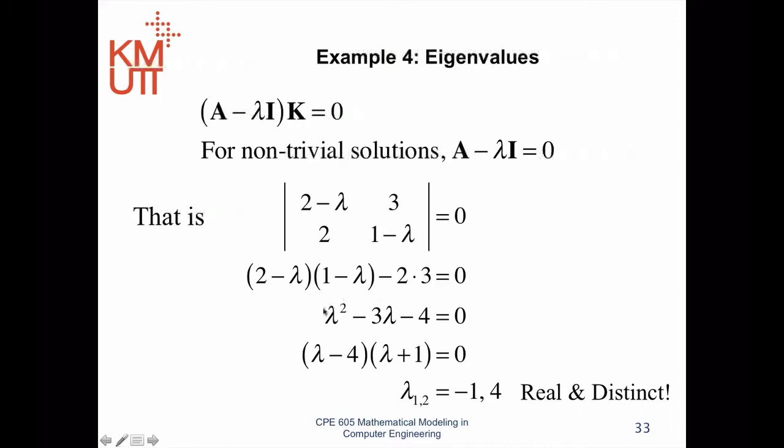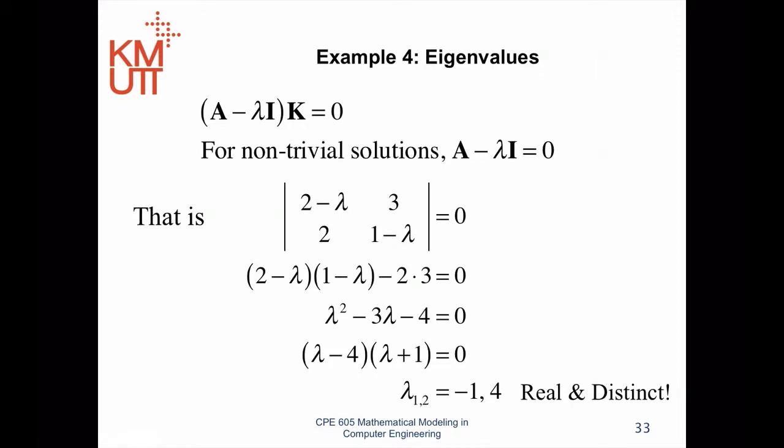And this is lambda squared minus 3 lambda from this and this, minus 4. This is minus 6 plus 2 equals minus 4. Factoring this polynomial, we have (lambda minus 4) times (lambda plus 1). That is lambda equals minus 1 and 4. These are real and distinct eigenvalues.